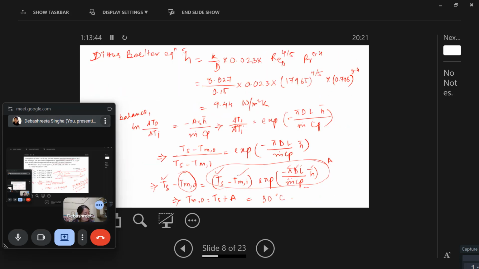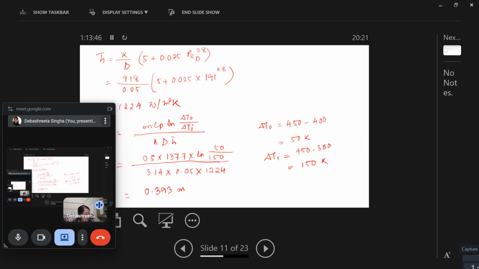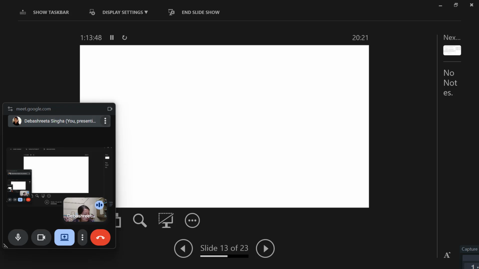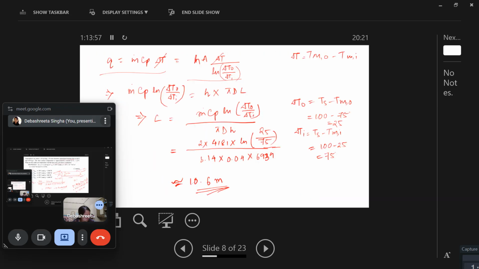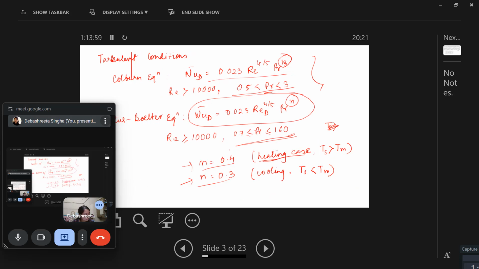So the Colburn equation is preferred in this case. In the Colburn equation, the formula is just Prandtl number to the power 1 by 3.